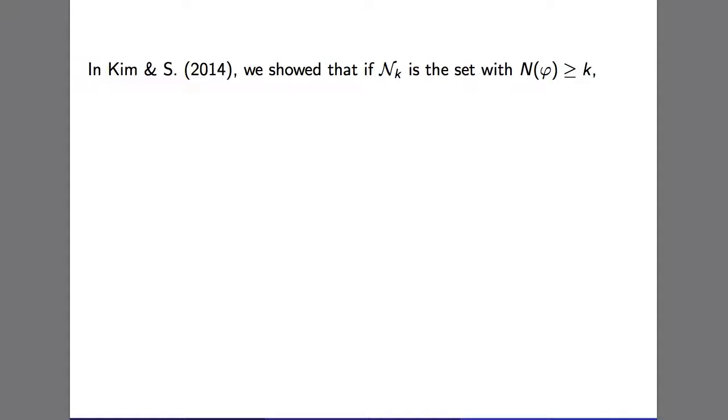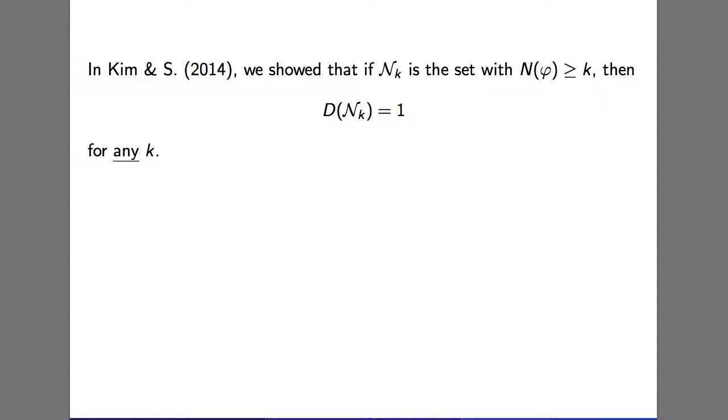In fact, Sungwon and I in an earlier paper showed that if you take not just the Nielsen number 1 or more, if you take Nk to mean the ones which have Nielsen number greater or equal to k, then this also has density 1 for any k, no matter what the k is. So even if you want to consider all the maps which have Nielsen number greater than 1 million, that still has density 1.